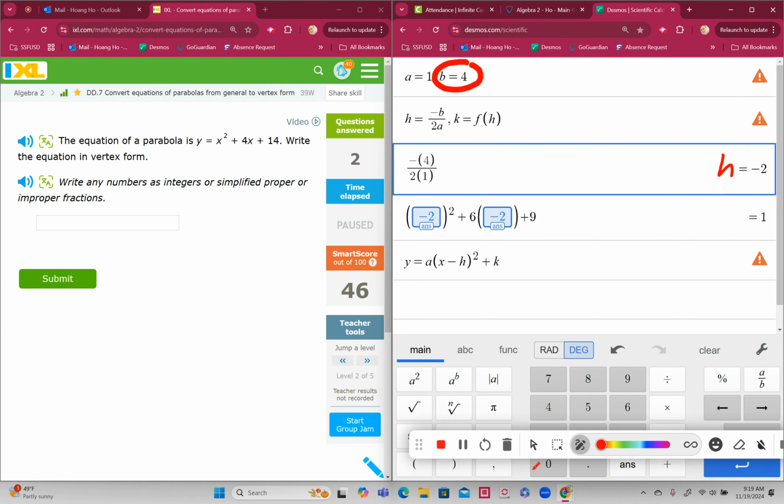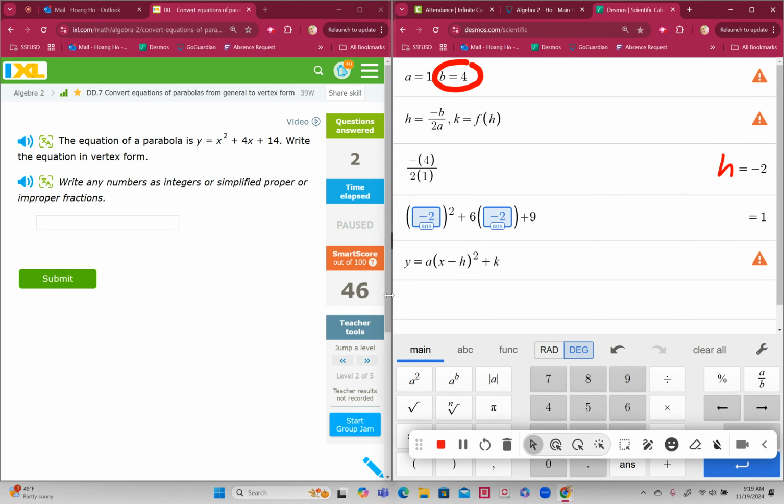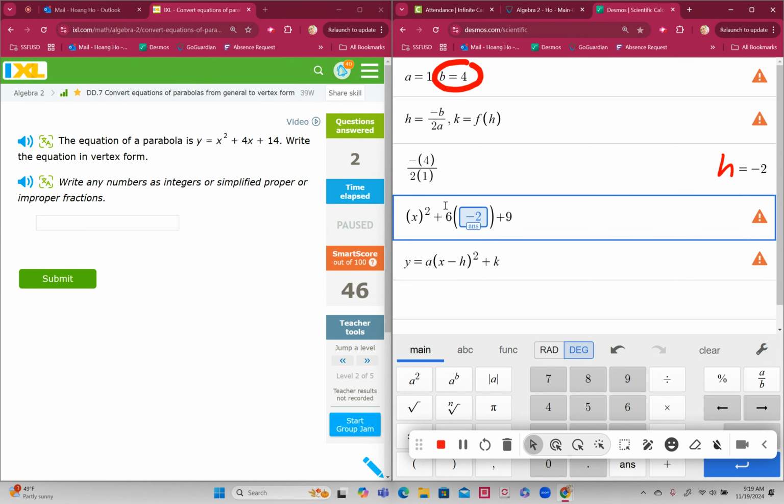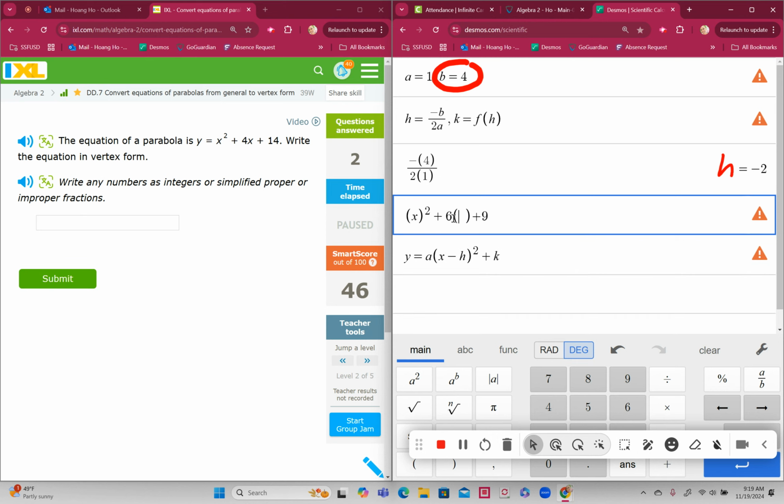So my equation, I have to type my equation. Okay, so y equals x squared plus 4x, and then plus 14 in the back. Okay, so here we go.